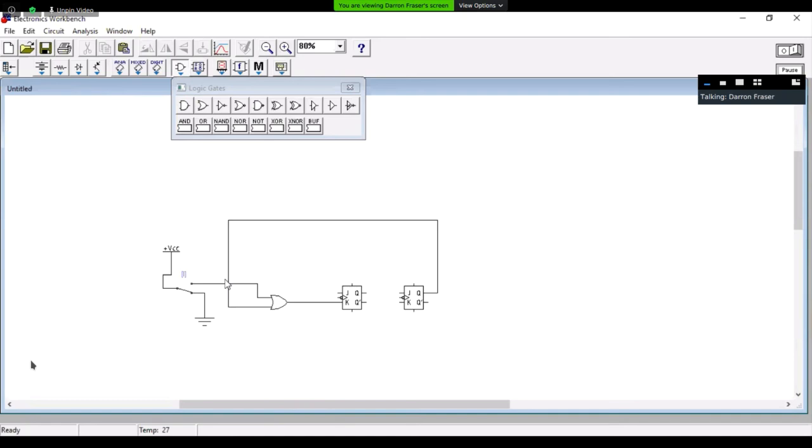Anybody can simplify not I plus not B? De Morgan's law.